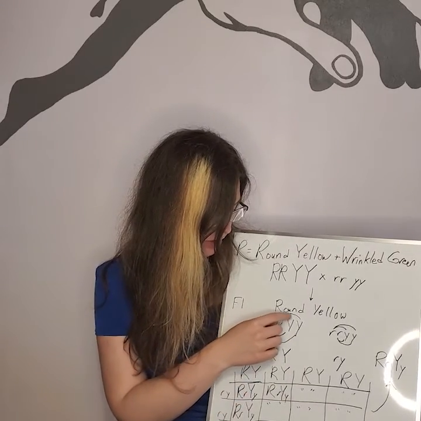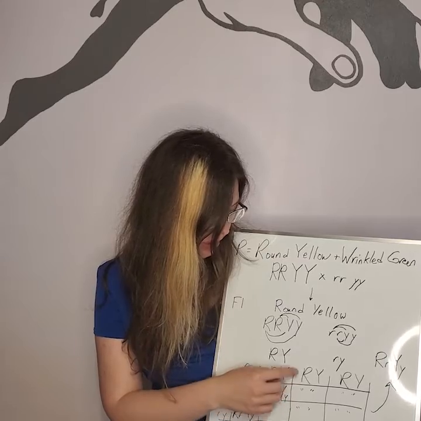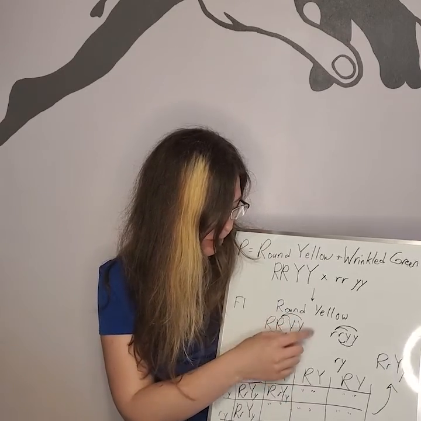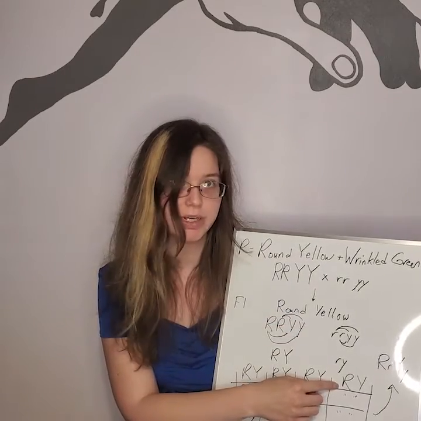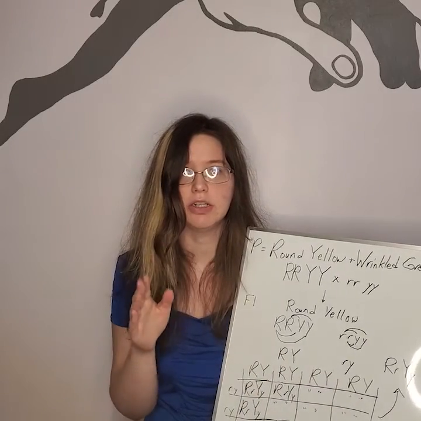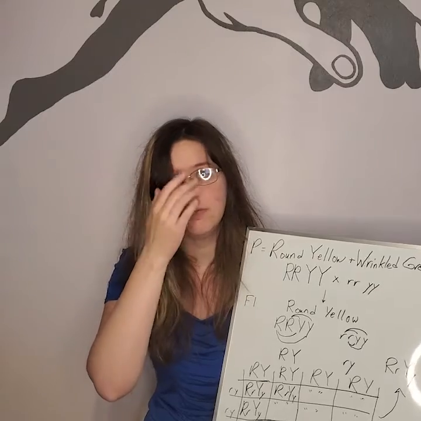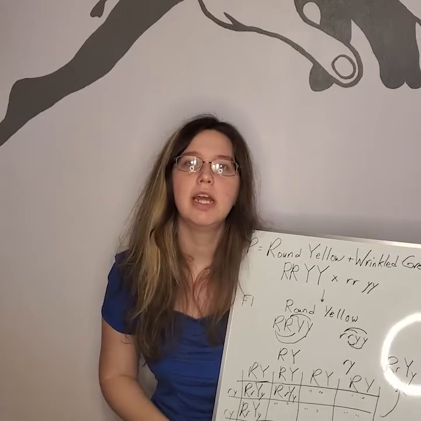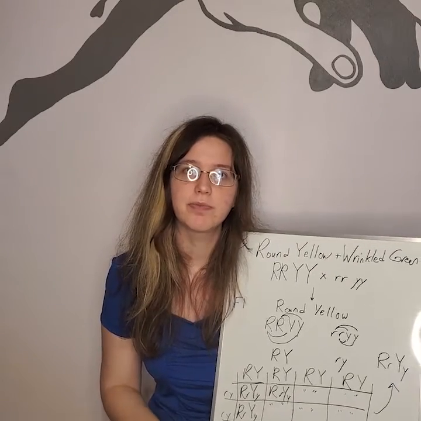We take the inner two, capital RY, and we take the last two, and we get a capital RY. So FOIL: first, outer, inner, last. And you use it whenever you're doing a dihybrid cross.